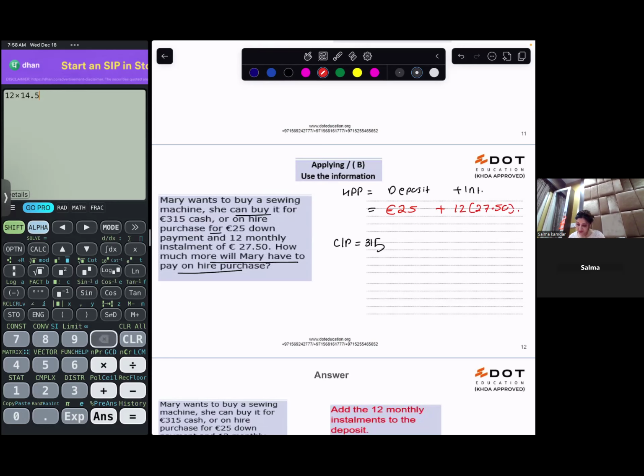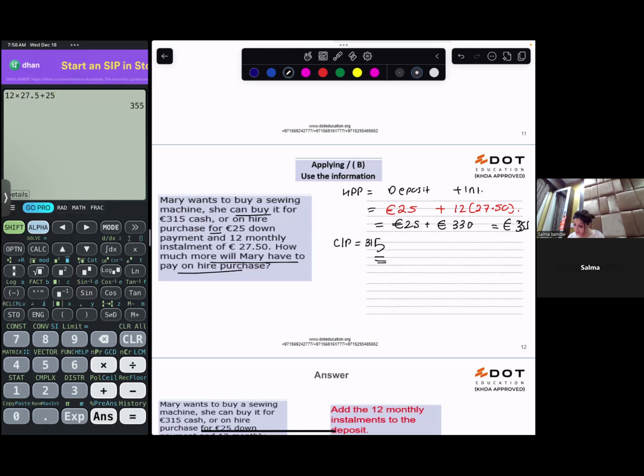So 12 times 27.50 makes 330. So my hire purchase price would be 330 plus my down payment, so it would be 355. Cash price is 315.